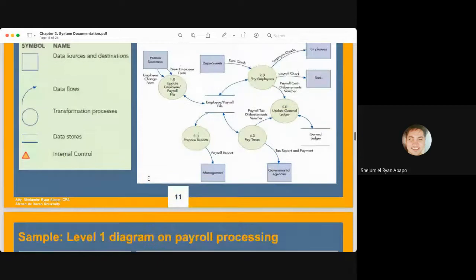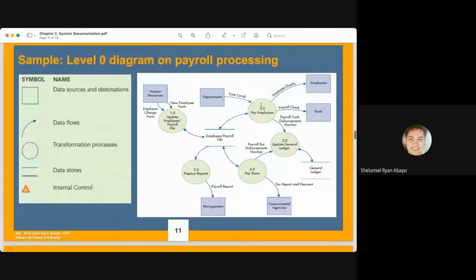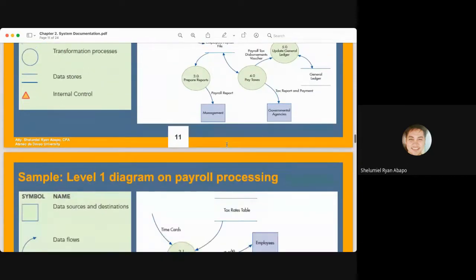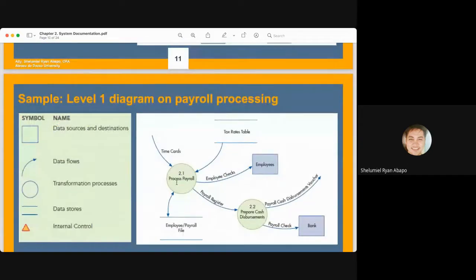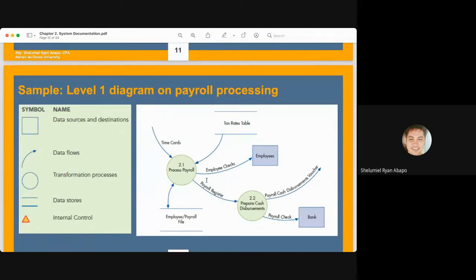Okay, for example, here, payroll, the process 2.0, which is the payment of employees, you refer to level 1 and you'll say that 2.1 will include the processing of the payroll, which will include now the acceptance of time cards from the manufacturing department, the retrieval of employee information from the payroll file or the employee master data or master file, referring now to the existing tax rates or the schedular income tax tables for individuals, and then preparing now or forwarding this information to the payroll register that will now result to the preparation of cash disbursements.